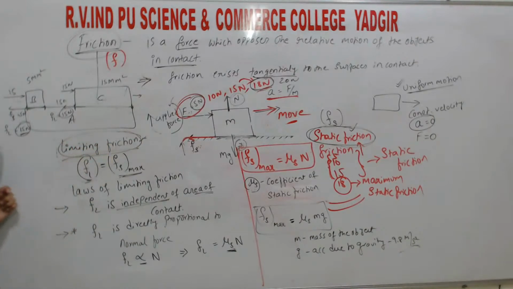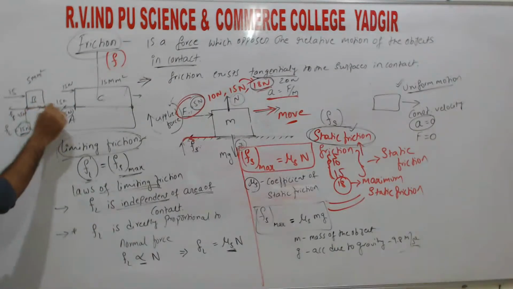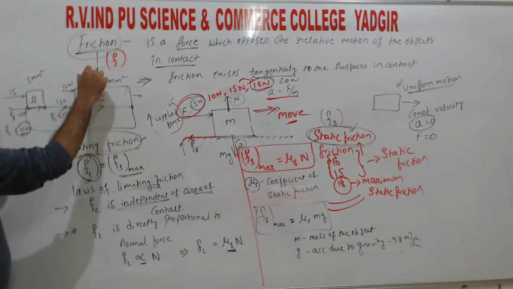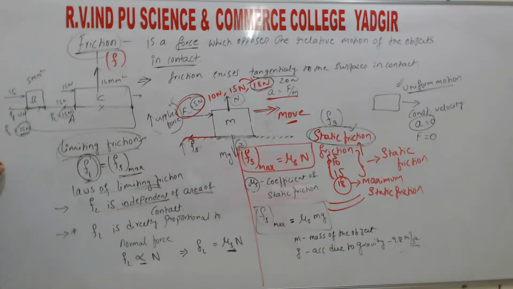So this limiting friction has two laws. One is that it is independent of the area of contact between the two objects, and the other is that limiting friction is directly proportional to the normal or reaction force. This comes from doing experiments, and we conclude from the experiments.